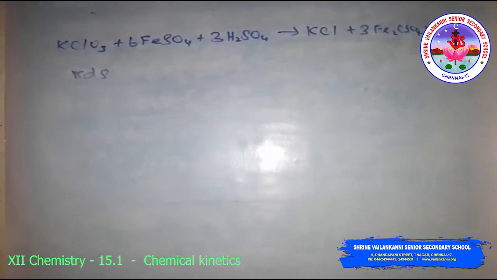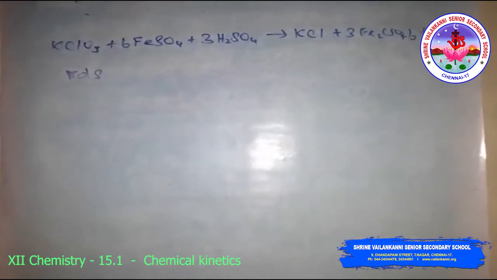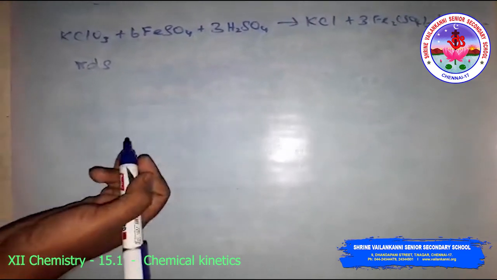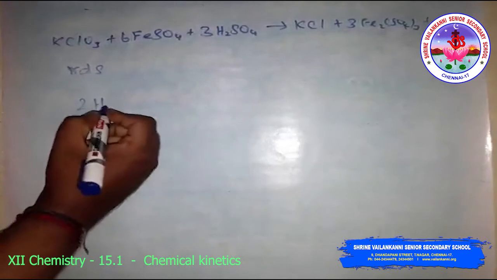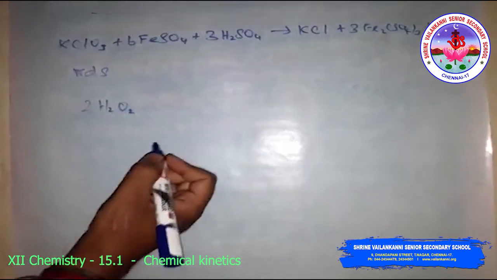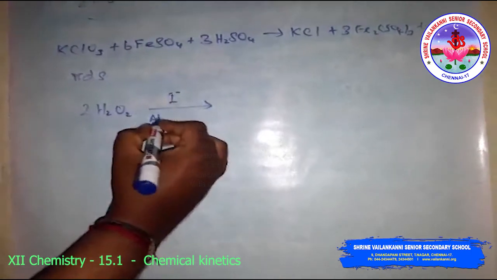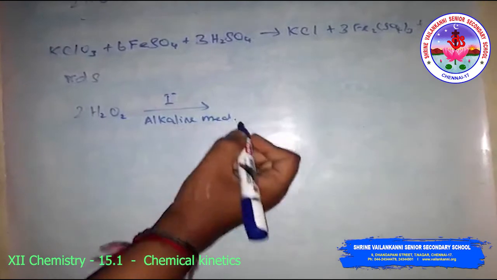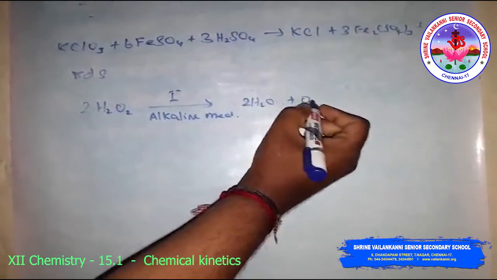Simply we can write. So for example, consider the decomposition of hydrogen peroxide, which is catalyzed by the iodide ion in an alkaline medium. For example, 2H2O2, hydrogen peroxide, in the presence of iodide ion in the alkaline medium gives water and oxygen.